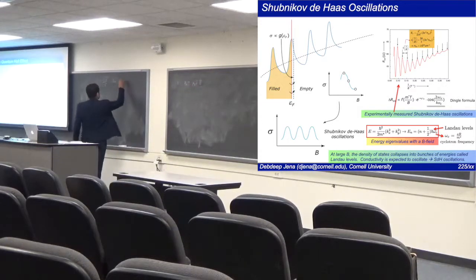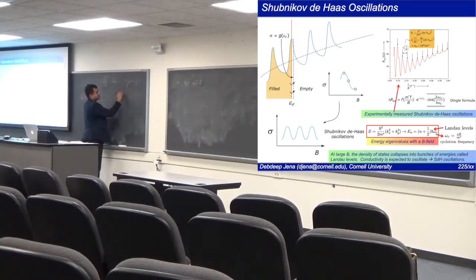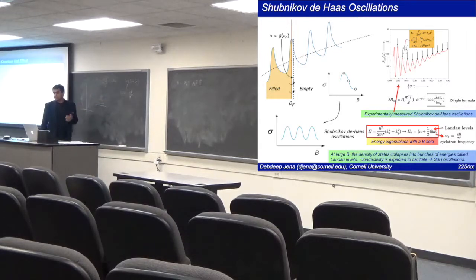Your eigenvalues will look like h bar omega_c (n plus half). Eigenvalues get quantized. So what is omega_c? Omega_c is the cyclotron frequency, electric charge times magnetic field divided by the effective mass of electrons. Very simple result.